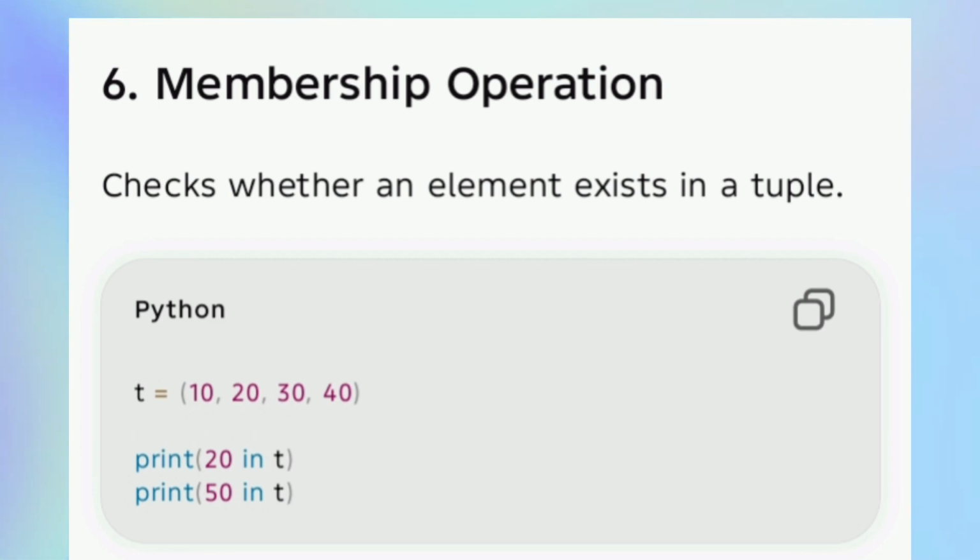Membership operators. Check whether an element exists in the tuple: t = (10, 20, 30, 40). Print 20 in t, 50 in t. The first one is True, the second one is False. This is my assumed output.